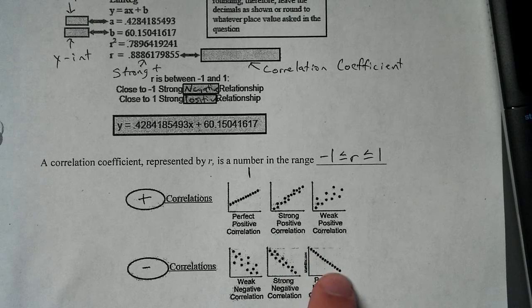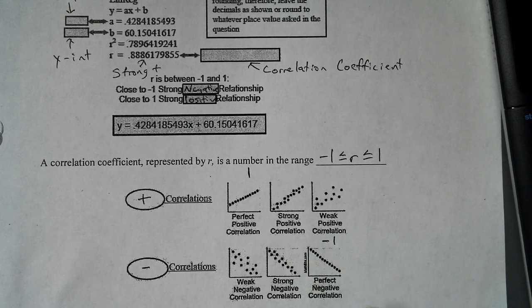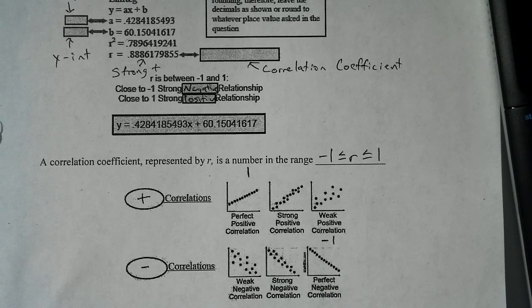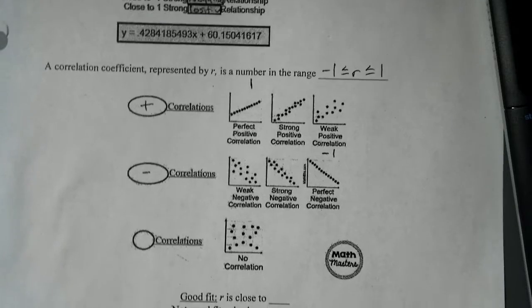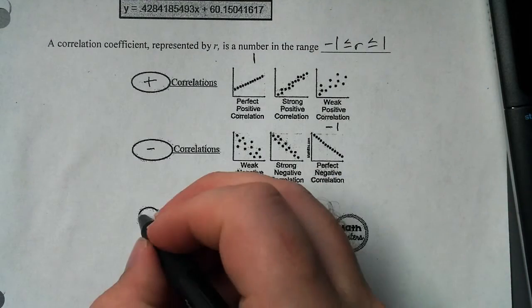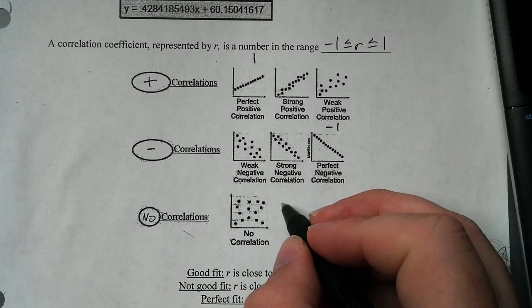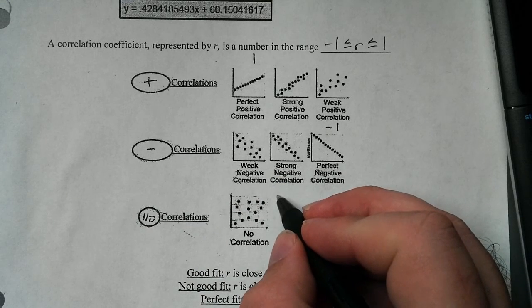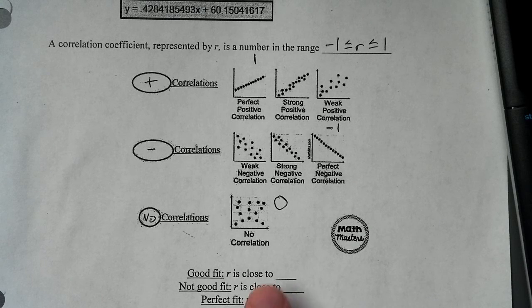A perfect one is only going to be at the value of -1, and that's going to give you a perfectly straight line. And then, of course, when you have no correlation, there's going to be no pattern you can see. And this is going to happen pretty much at the value of 0.